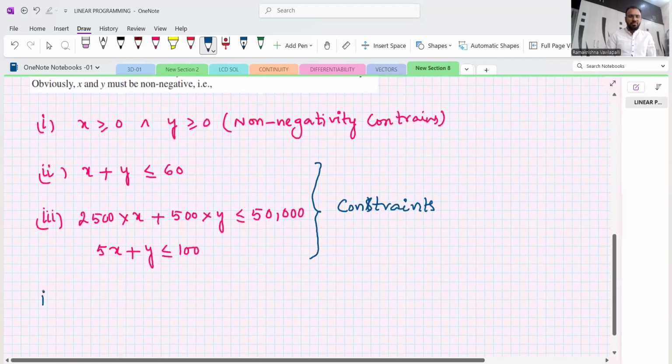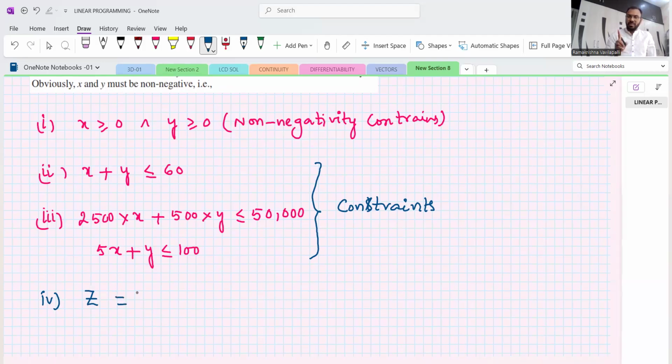Now the last one. What is this last one? We usually represent it by Z. Z is equal to, what is the profit on a table? 250 rupees, so 250 into x, plus what is the profit on a chair? 75 rupees into y.